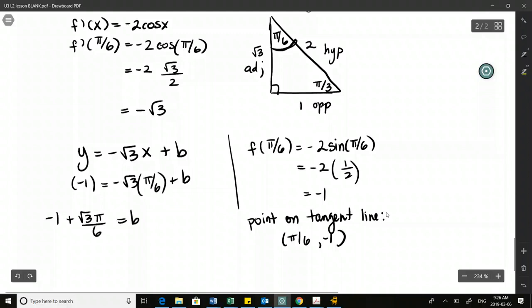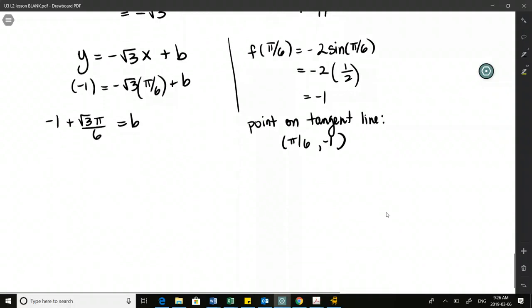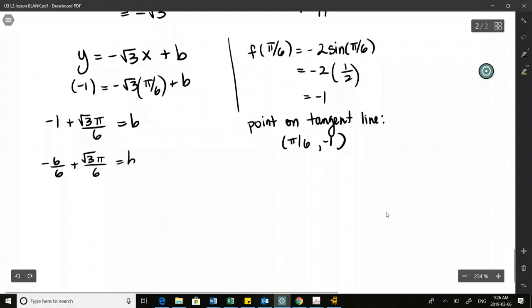Which means I just need a common denominator over on the left there. So I'm going to make negative 1, negative 6 over 6. And then my b value will be root 3 pi minus 6 all over 6. And that's what I'll sub into my equation.